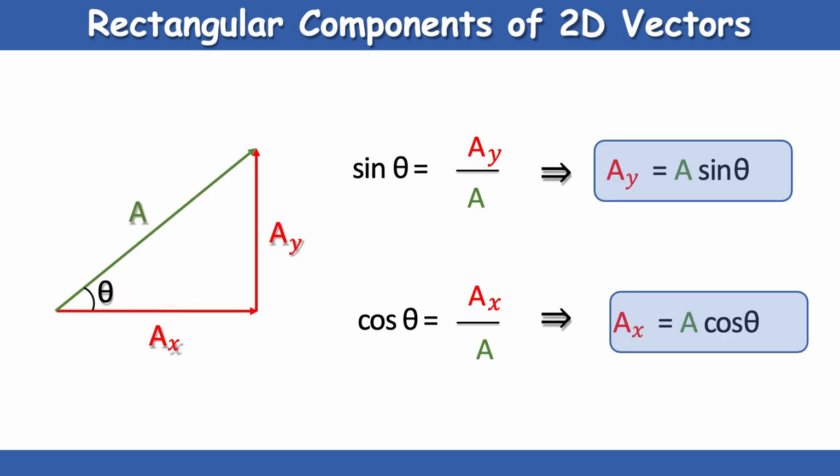For the direction or the components, you can remember either in terms of sin theta or in terms of cos theta. In terms of sin theta, Ay is equal to A sin theta, and the reverse of that is A cos theta for Ax and A sin theta for Ay.